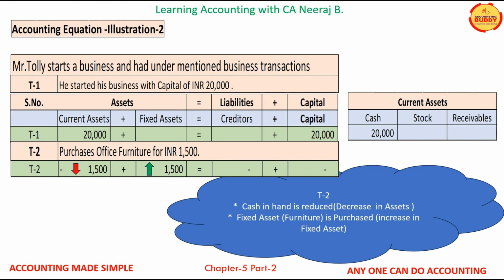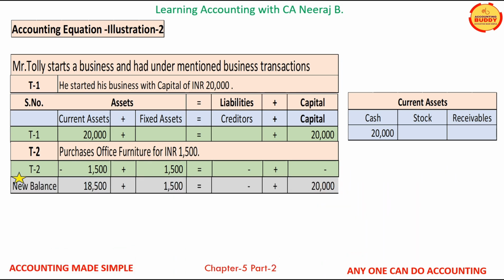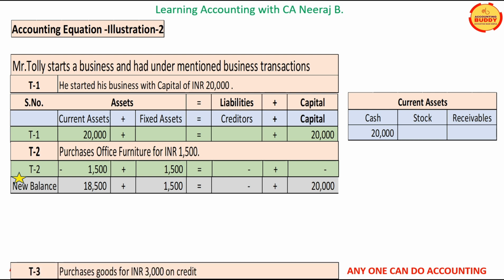Assets, that is the furniture, will increase by 1,500, and at the same time the cash, which is also an asset, will be reduced by 1,500. Post transaction T2, there is a new balance of cash 18,500 and furniture 1,500, totaling to 20,000 of assets on the left hand side and a capital of 20,000 on the right hand side of the accounting equation.